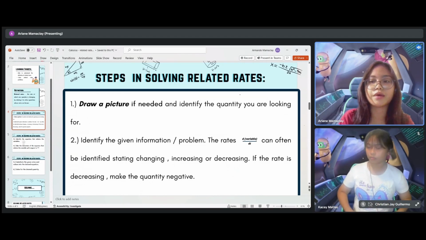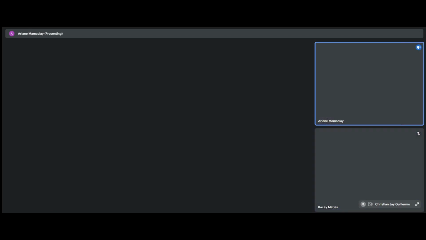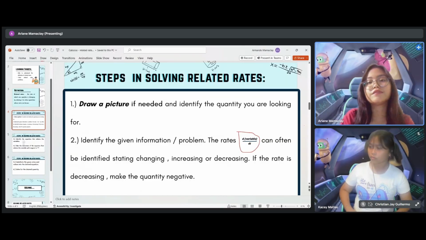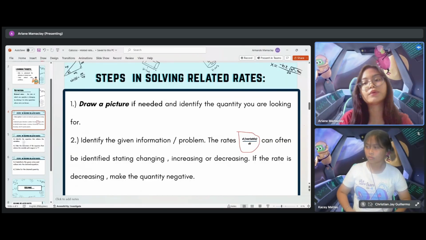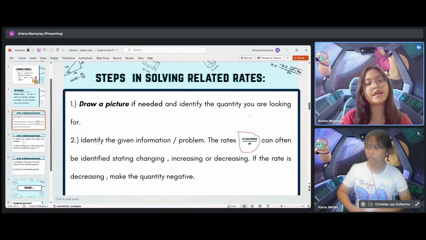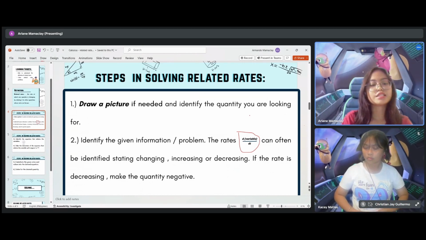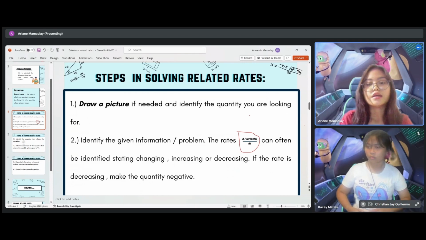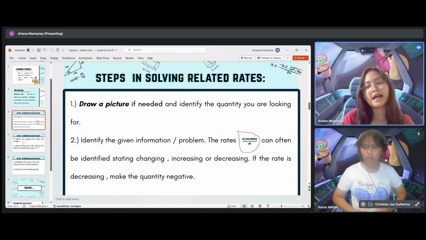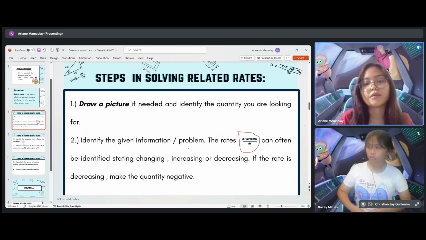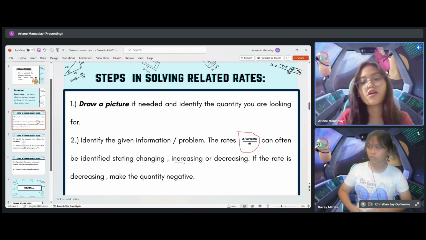Number 2 naman, identify the given information or problem. The rate of change is also described as the derivative of a particular variable with respect to time. Na-identify natin dito yung change o kaya naman yung sign ng ating quantity kung pwede ba itong maging increasing o kaya naman decreasing.